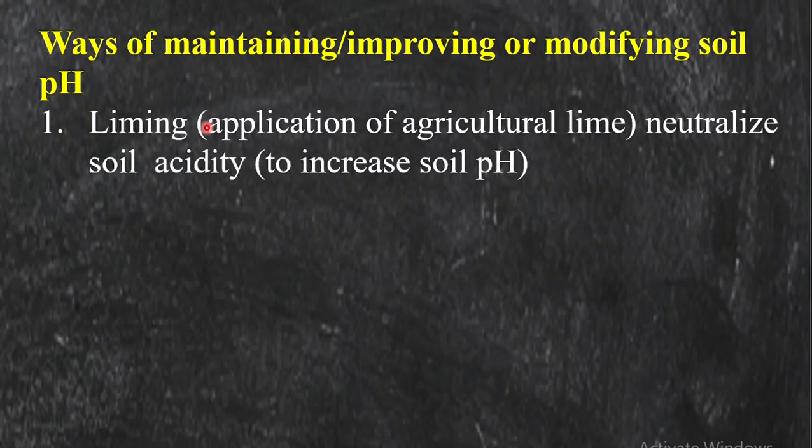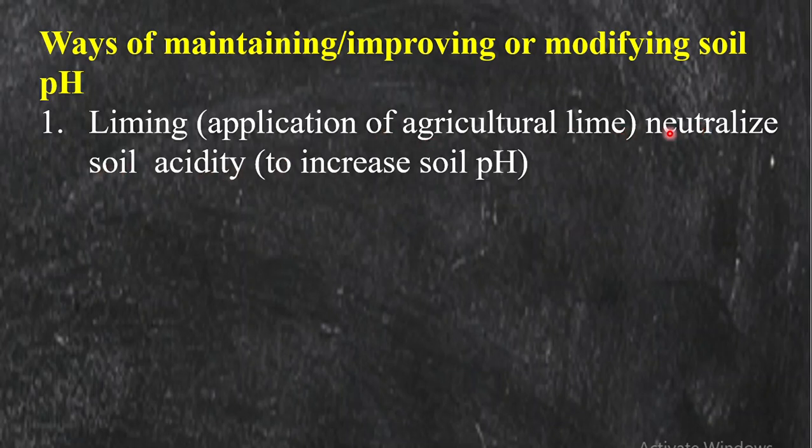One way is to apply lime. The process is called liming. Liming is the application of agricultural lime. It is calcium hydroxide. If the soil is acidic, upon adding lime to it, the lime is going to neutralize the soil acidity.